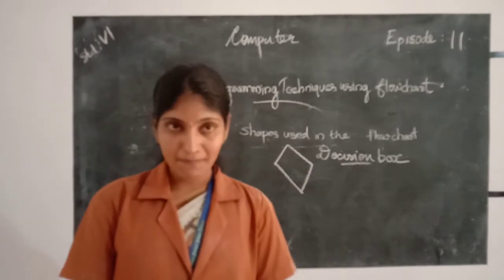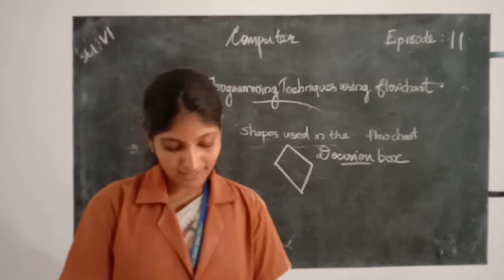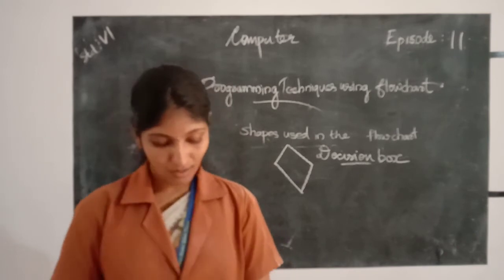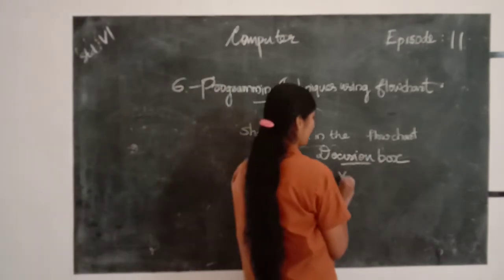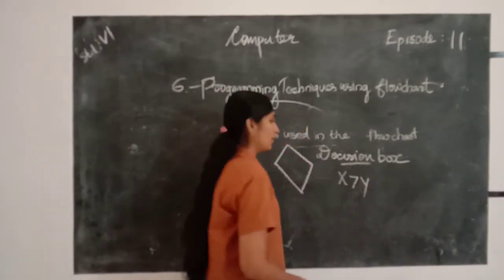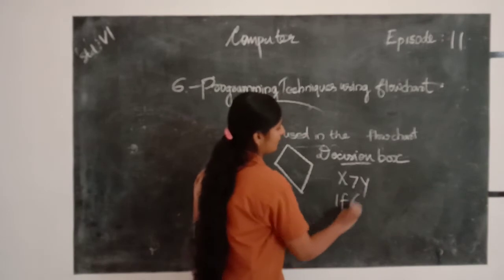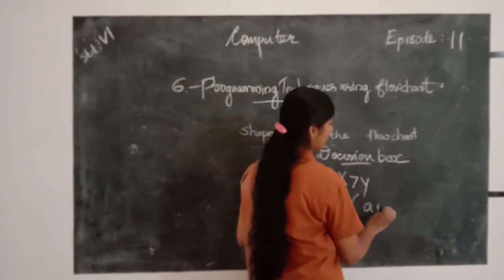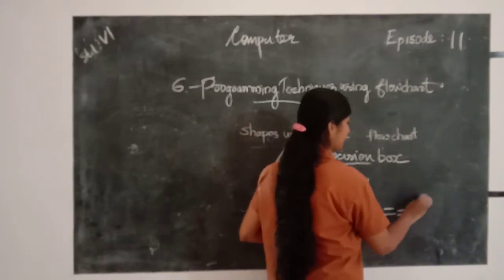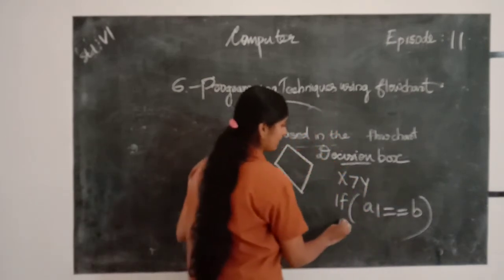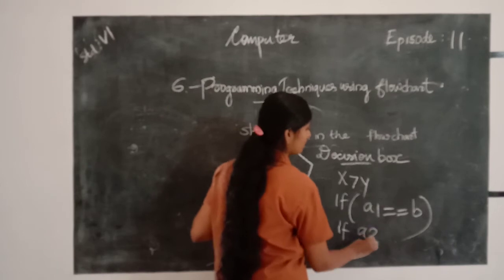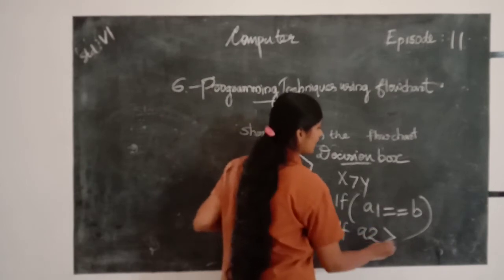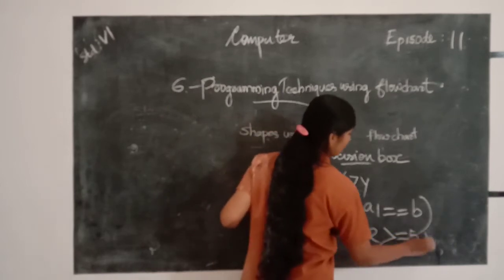Decision box, when a comparison has to be made and further action depends upon the result of it. For example, x greater than y, or if a1 equal to b. Another one, if a2 greater than or equal to 5.